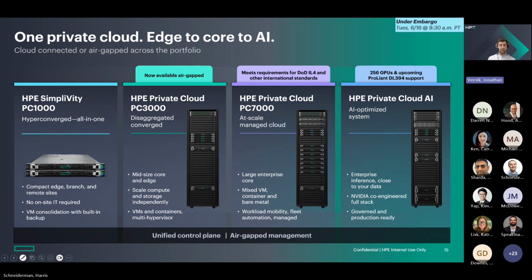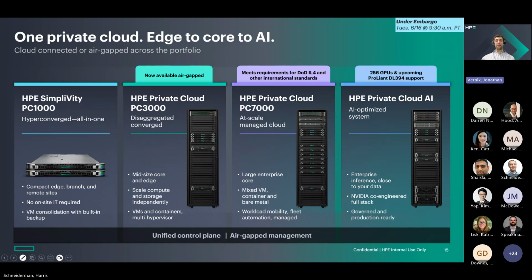If you think about it, the PC3000 acts as our very own dedicated private cloud appliance for running virtual machine environments. And then we have the PC7000, which was formerly known as our Private Cloud Enterprise, or PCE, for the large enterprises running a wide variety of workloads across their stack.